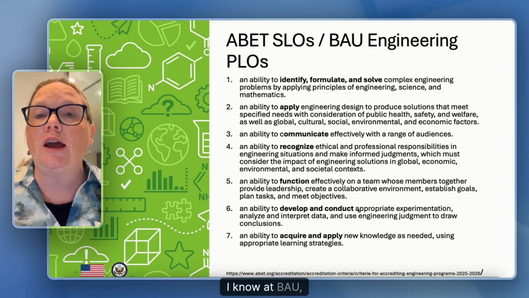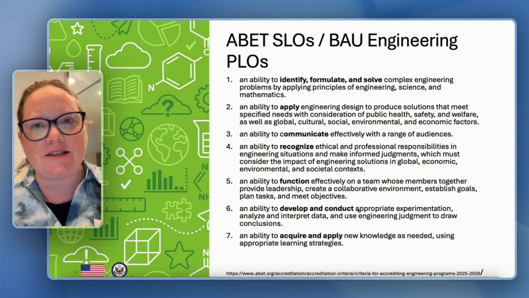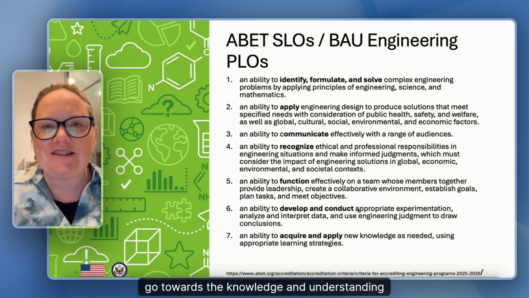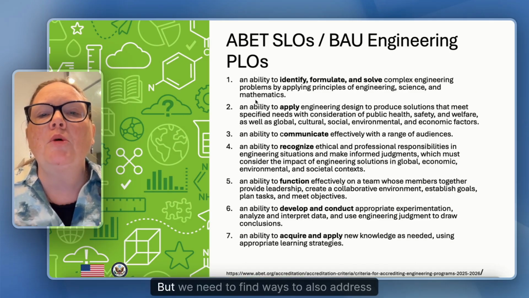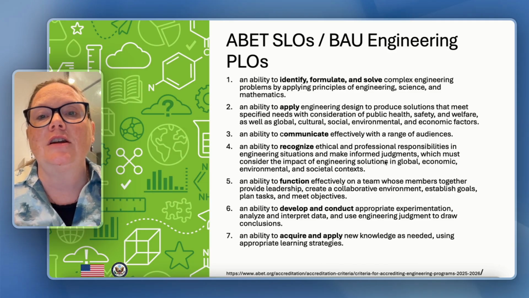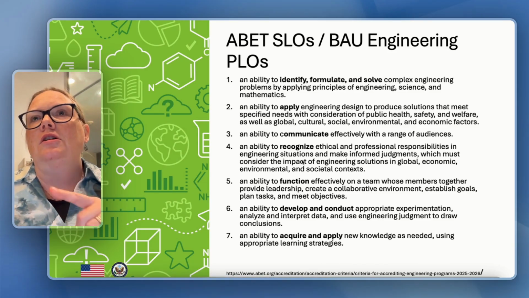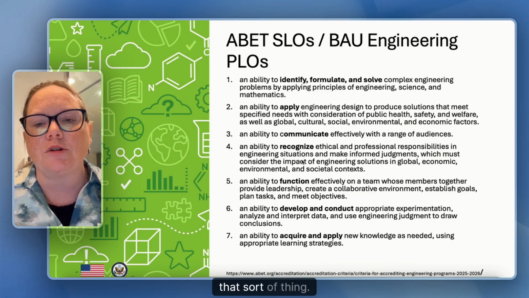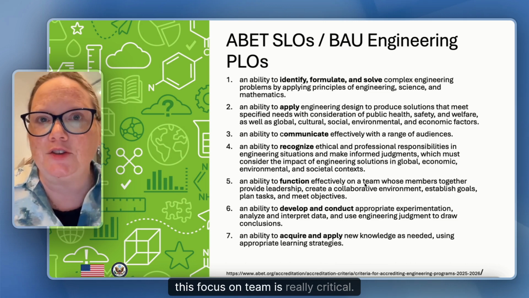I know at BAU, most of your points in a class, 80%, go towards the knowledge and understanding level, so these two. But we need to find ways to also address these professional skills. So team projects, presentations, that sort of thing. Because again, this focus on team is really critical.